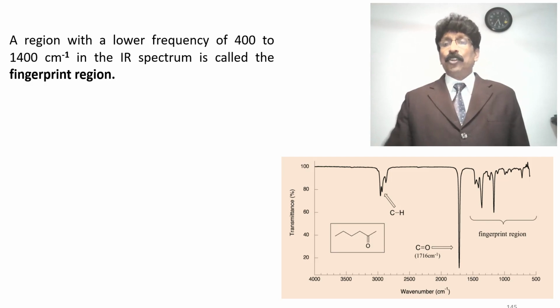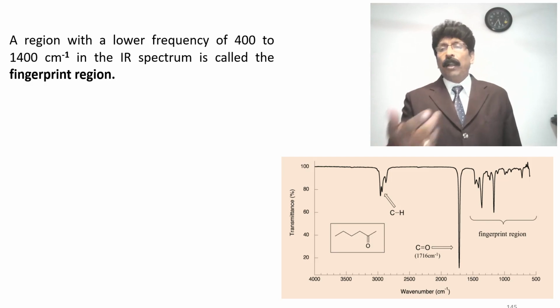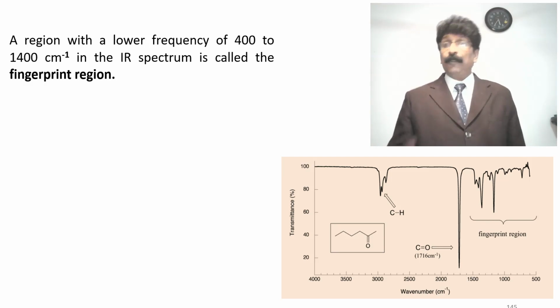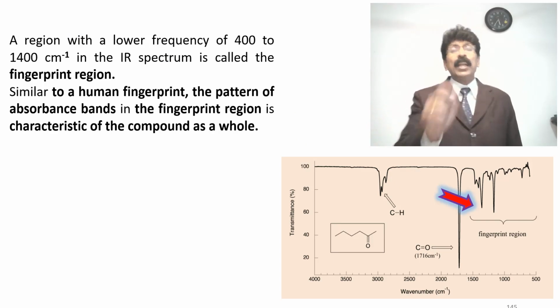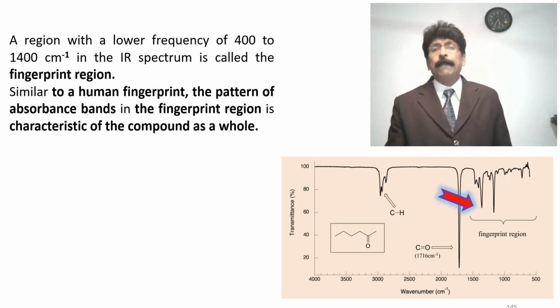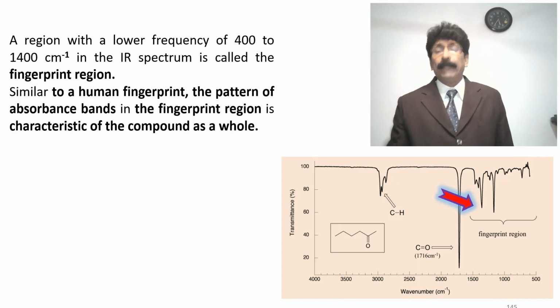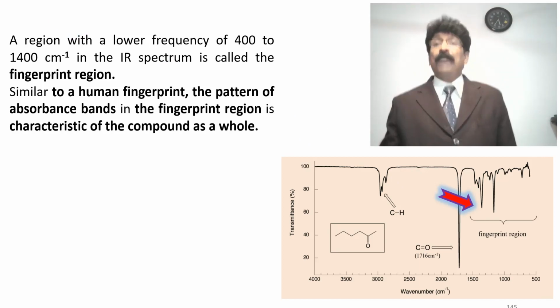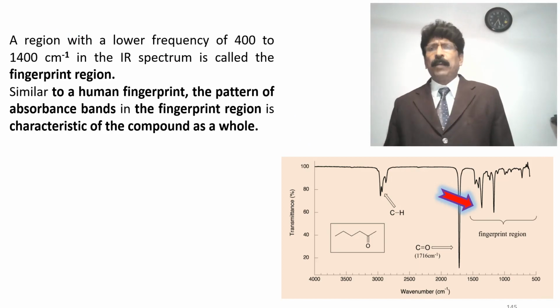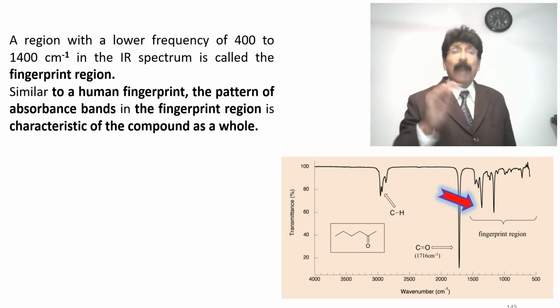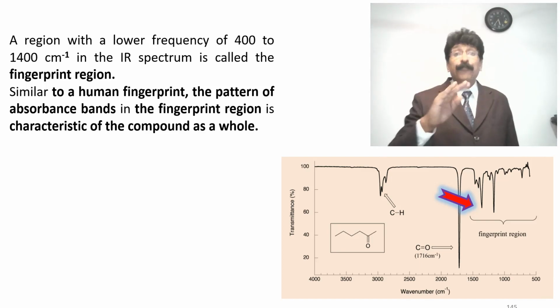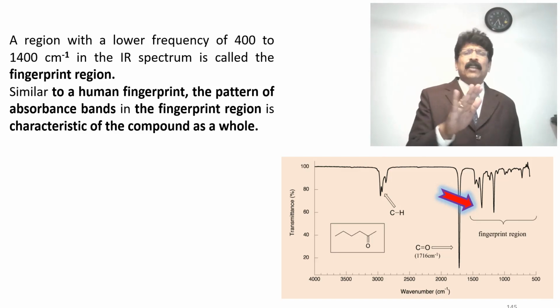So you can see that the CH bond is giving a peak, and the fingerprint region we can also see very clearly. Similar to a human fingerprint, the same fingerprint which is identified by the forensic department, by IR the pattern of absorbance bands will be similar. The fingerprint region is characteristic of the compound as a whole.